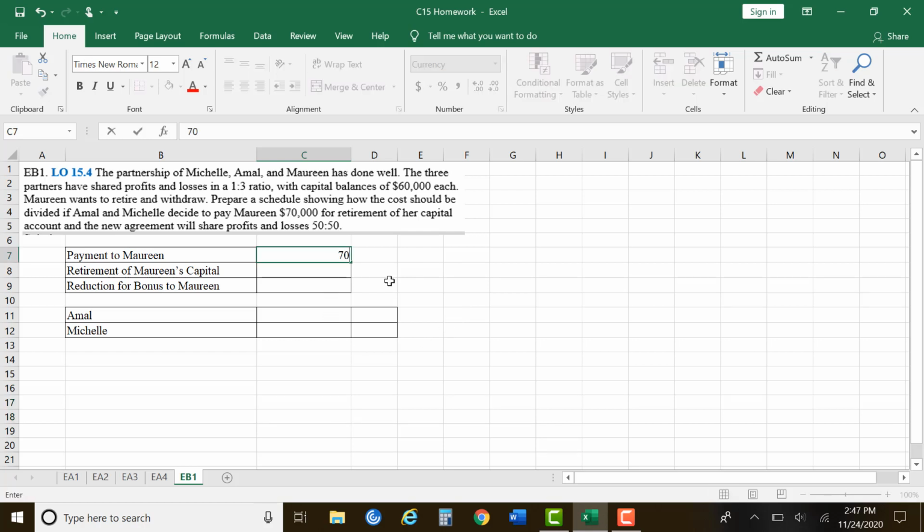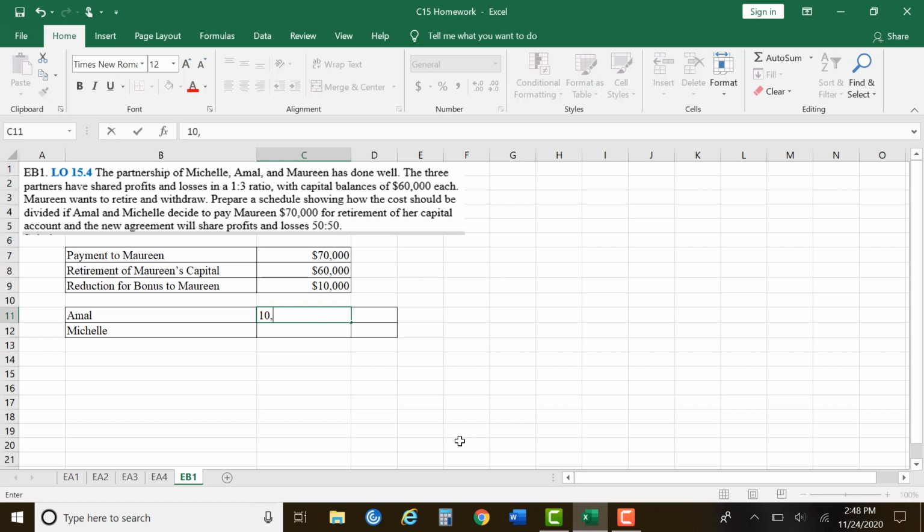So they want to pay her $70,000. The retirement of Maureen's capital is $60,000. They each have $60,000 capital balances. So the reduction for bonus to Maureen is $10,000. So Amal and Michelle both lose, well, they lose $5,000.